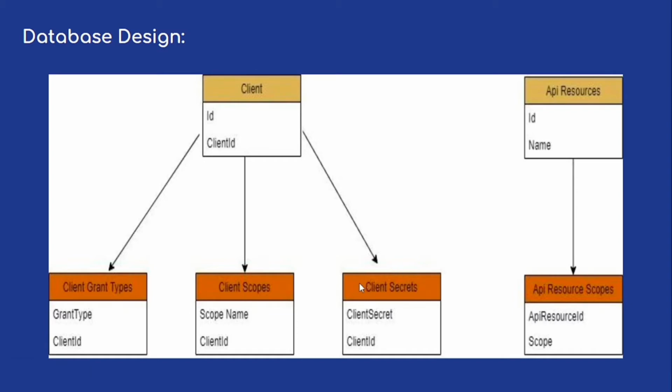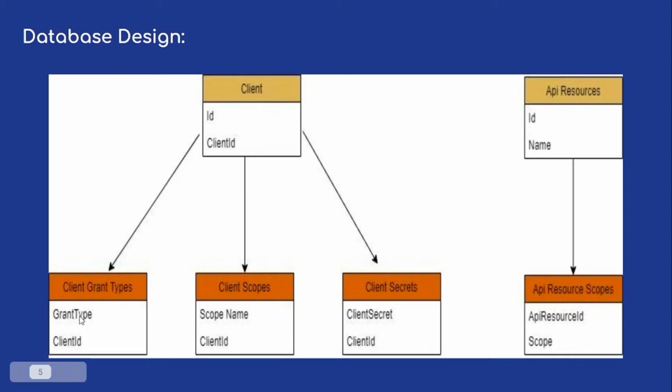Let's check what they are. Client grant types: grant types are nothing but the authentication types. A client can have any number of authentication types, like our current video on client credential authentication. It can also have authorization code authentication, or implicit flow authentication. Each authentication type we can call a client grant type, and they will be registered here.